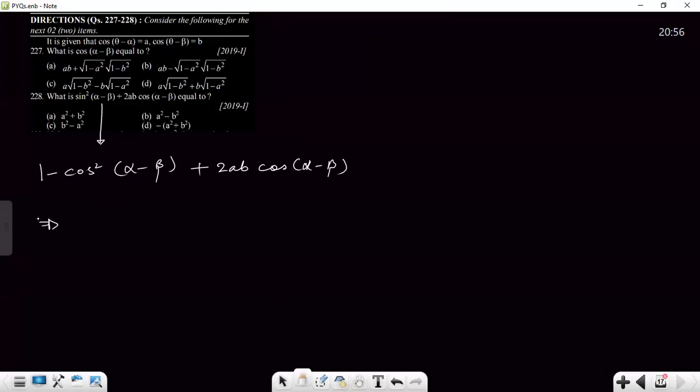So from here, one thing can be observed: cosine of alpha minus beta can be taken common in the second and third term. So let's do the same.